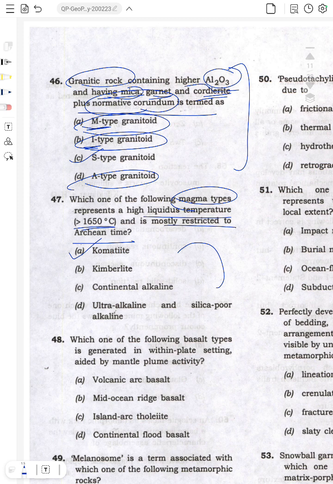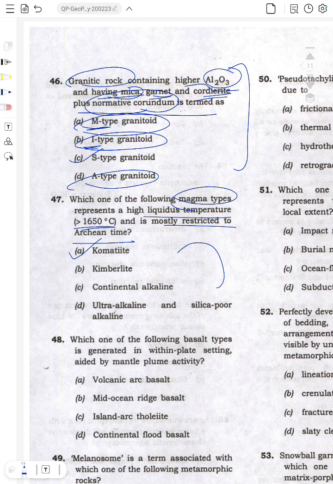We have continental alkaline. Alkaline magmas are rich in alkalis and silica undersaturated, and it has 1000 to 1200 liquidus temperature. It is present in continental rifts and hotspots. Okay. Ultra alkaline and silica poor alkaline. It's a feldspathoid. Nepheline, around 1000 to 1200 degrees Celsius, and intraplate extensional environment is the place where it is present.